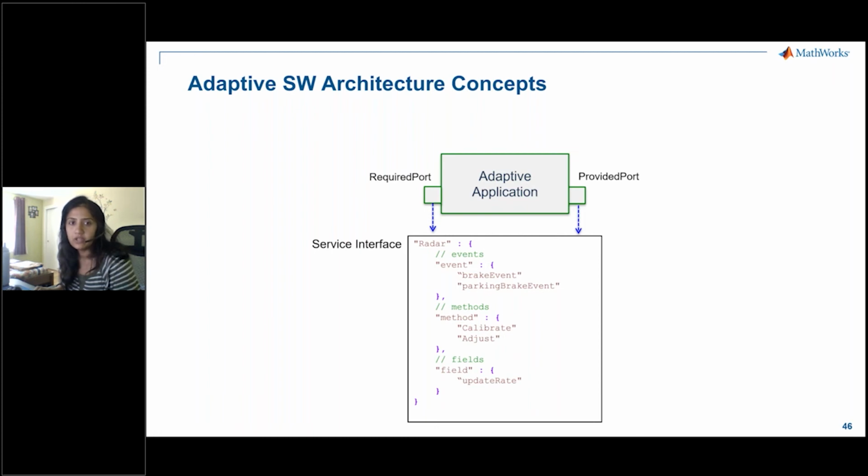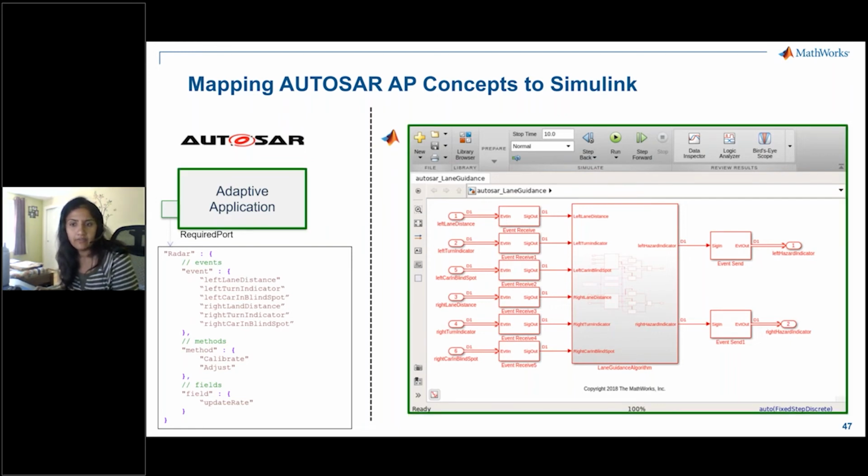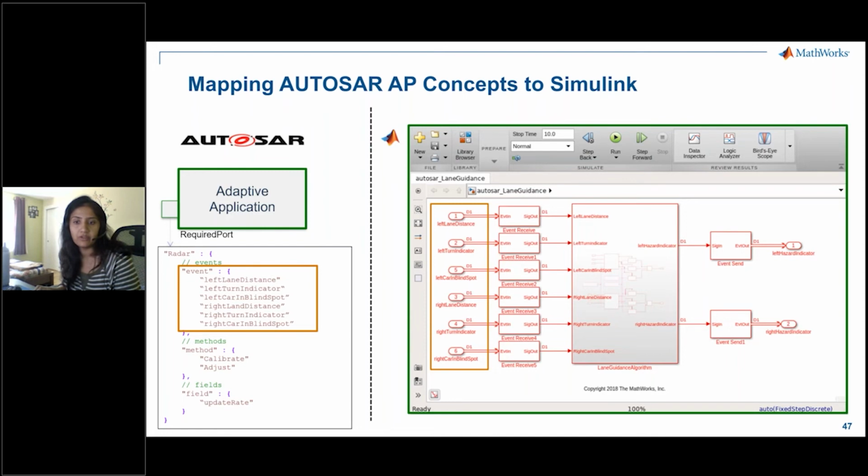So this adaptive application has required ports, which are typed by a service interface, as we discussed. Service interfaces have events, methods, and fields, right? So in Simulink, an adaptive application would map to a model. A required port event would map to a message in Simulink. Here I'm converting a message to a signal using the shipping order sublock set example.